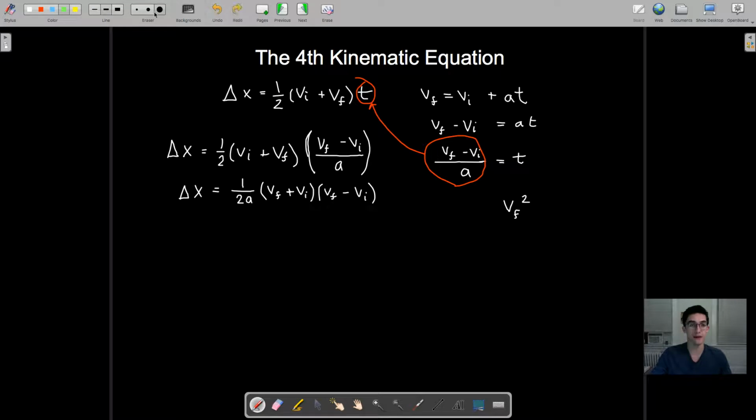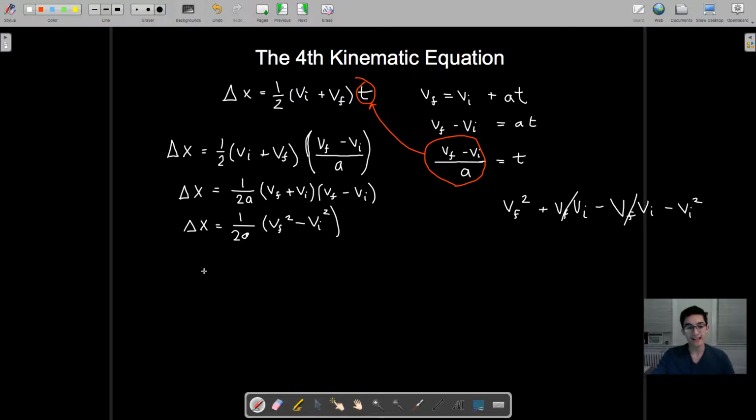If we multiply them out, we're going to get V final squared plus V final V initial minus v final v initial minus v initial squared. And guess what? These two terms cancel out, and we are left with the difference of two squares. So delta x is equal to 1 over 2a times v final squared minus v initial squared.